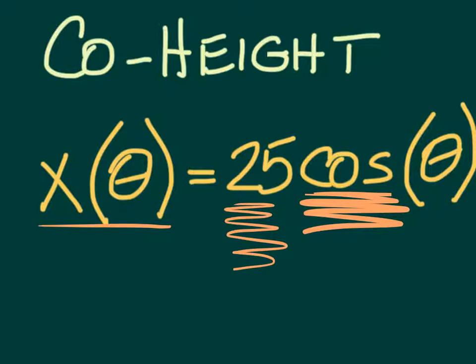Why is there a 25 in there? Because it stretched, when we graphed it, it was stretched up to 25 and down to 25. And we learned that before we went on that break, that if you put a number in here, it's going to stretch it up and down that amount from the midline. So we have 25 and then cosine theta.